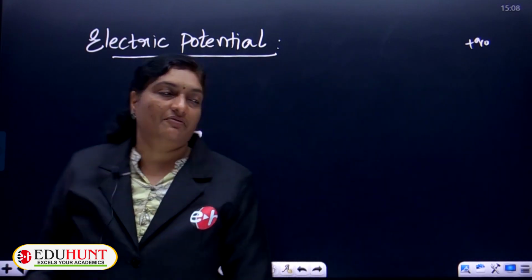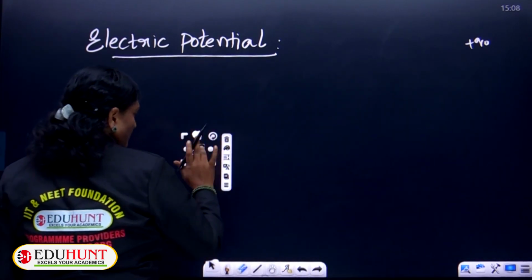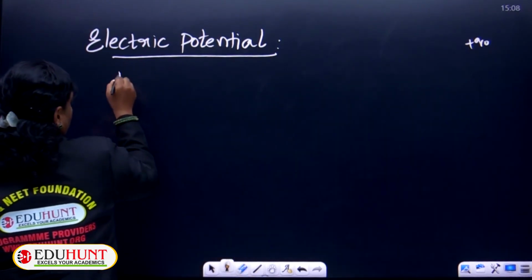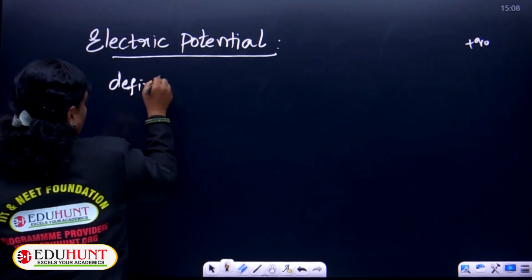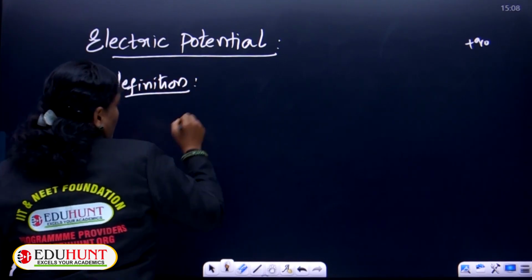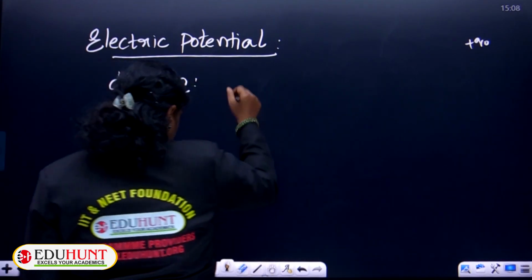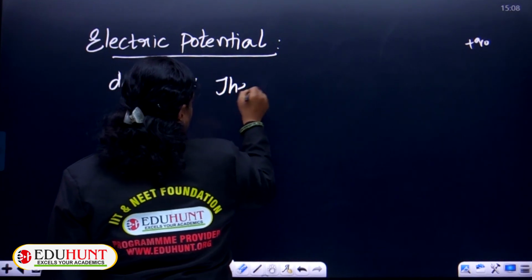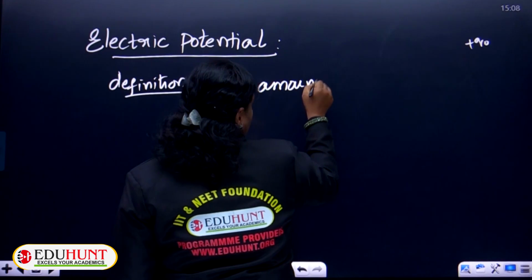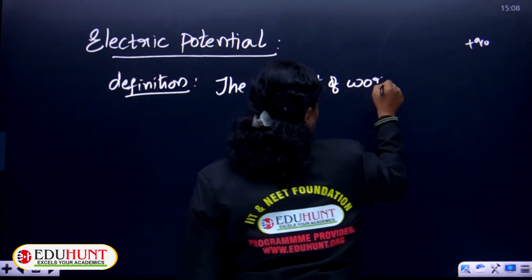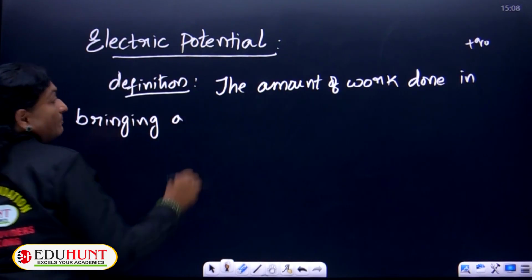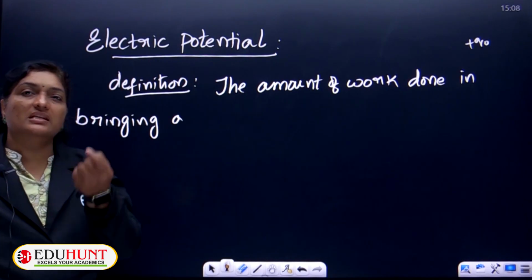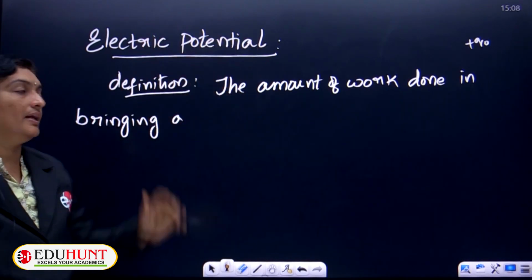Okay. So, let me define the same, children. Definition of electric potential: it is defined as the amount of work done in bringing a unit positive test charge from infinity.